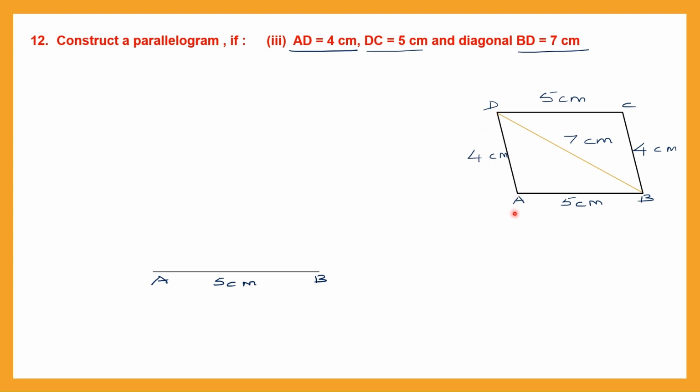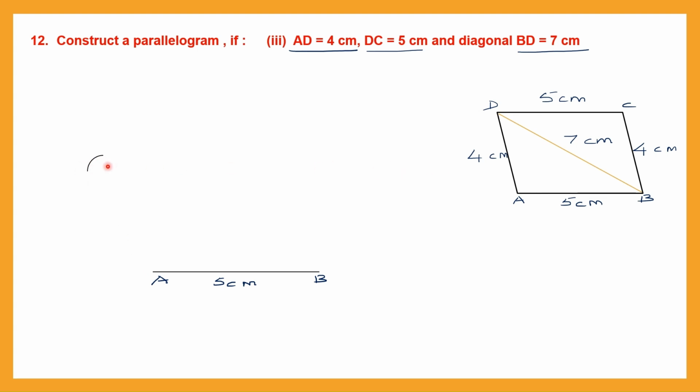So place your compass after taking 4 centimeters radius on it, place your compass needle at A and draw an arc. Remember, we're going to form an arc here because we're going to get our lines this side. So get the arc there on top. So we have an arc here and from A to this arc is 4 centimeters.